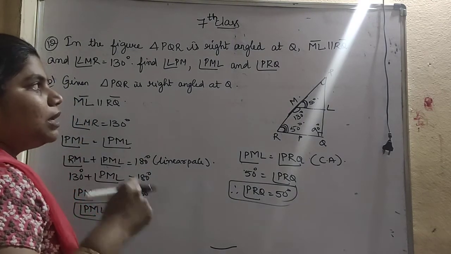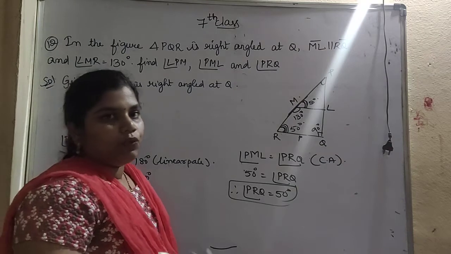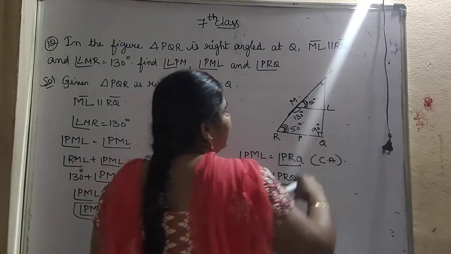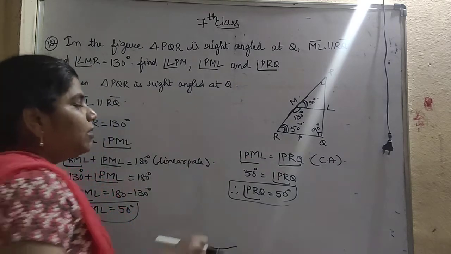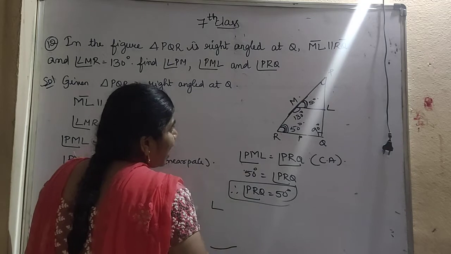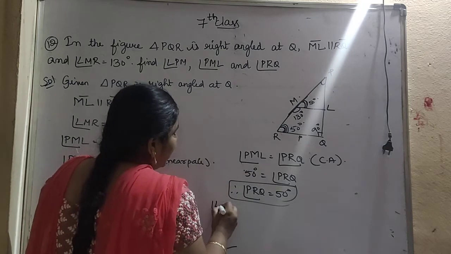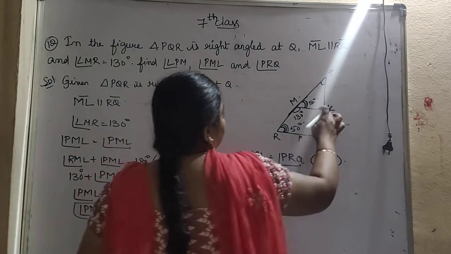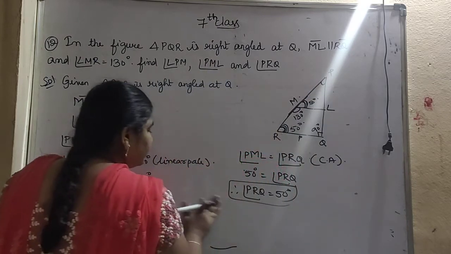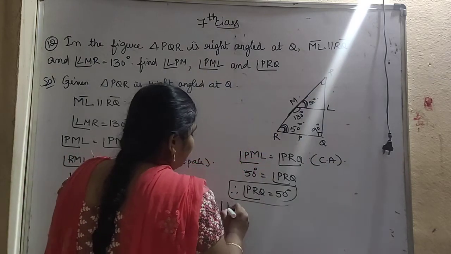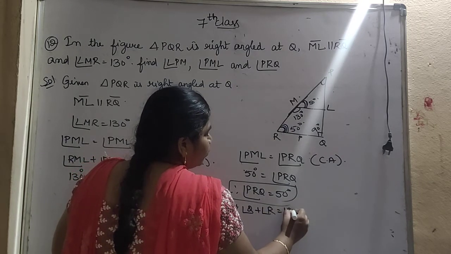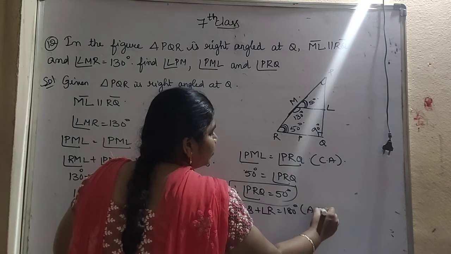So we know that the sum of three angles in a triangle will be equal to 180. That means angle P plus angle R plus angle Q will be equal to 180 degrees. So I am writing in three alphabets. So here angle P can be written as LPM, or we will write angle P plus angle Q plus angle R is equal to 180 degrees by using angle sum property.